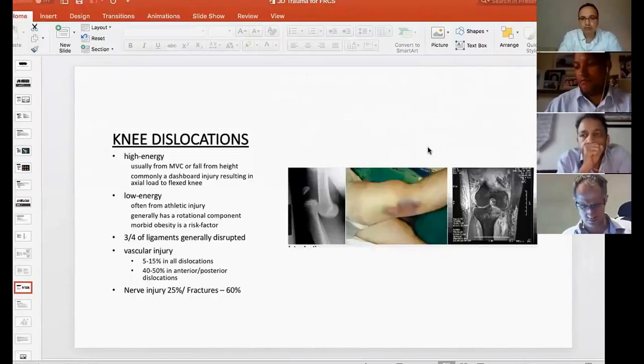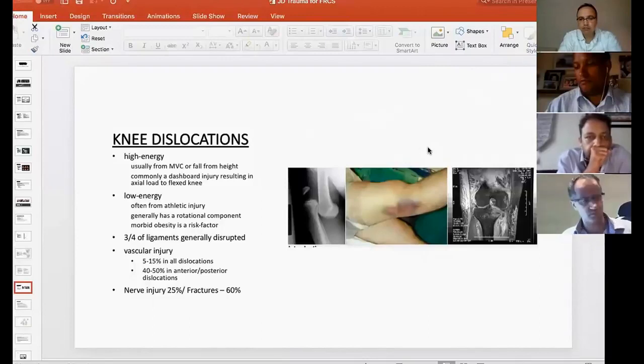Knee dislocations, again, for a short tutorial, 5 minutes, can generally be of 2 types. High energy, such as a motor vehicle accident, commonly a dashboard injury. Low energy, such as an athletic injury, or in a morbidly obese patient. I have seen it in a morbidly obese patient with a very low rotational component, and the knee dislocates.